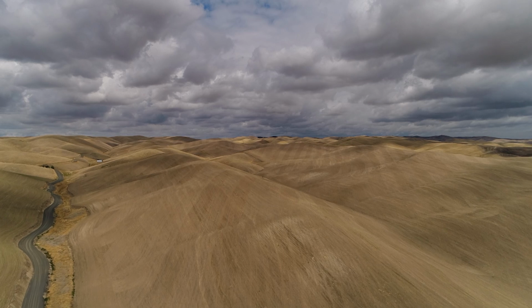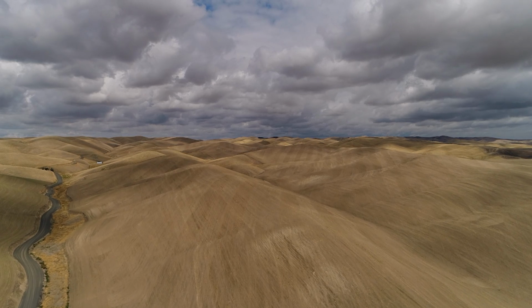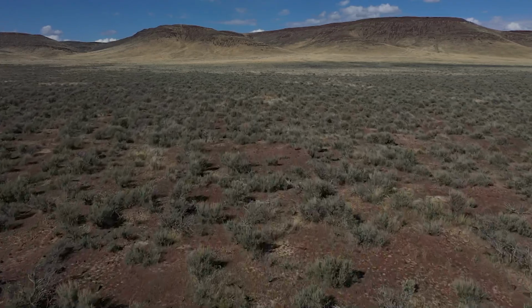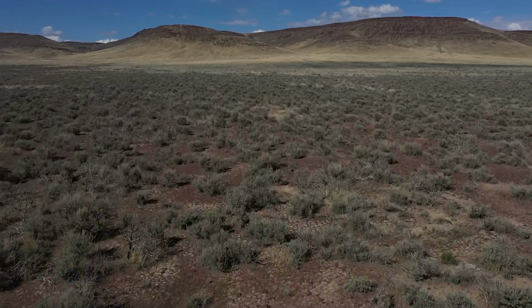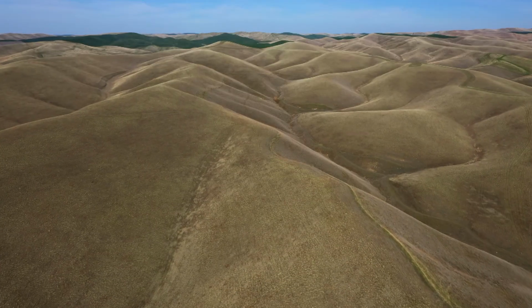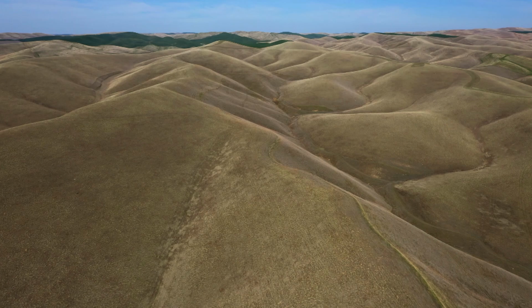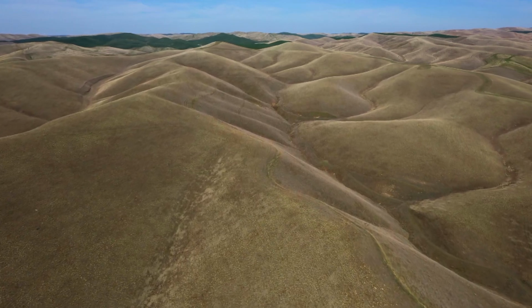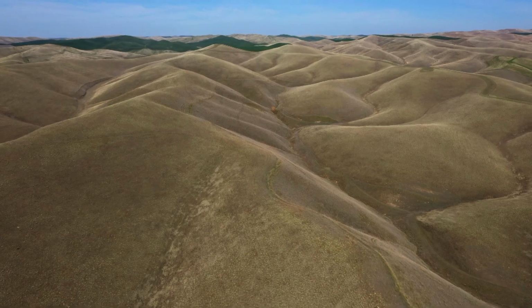Just keep in mind that there are many different types of desert, and there are extremely low rainfall deserts that are natural, and there are low rainfall deserts that are man-made. It's always interesting to look at a desert or read about a desert and imagine that this is a natural desert.